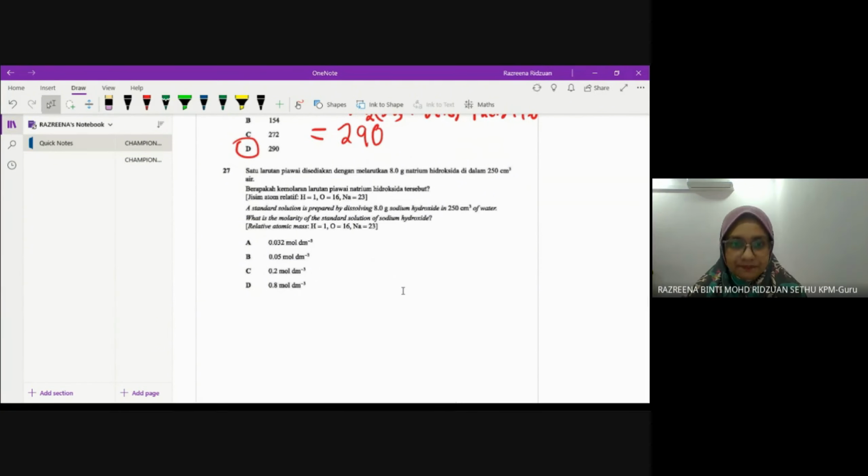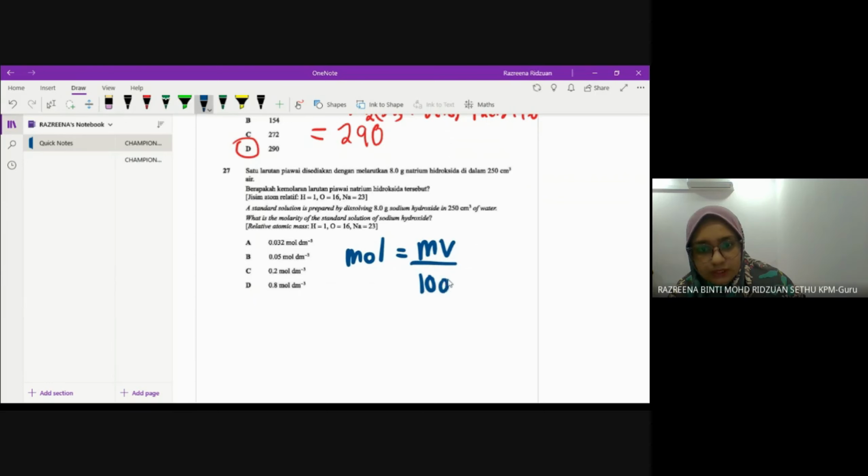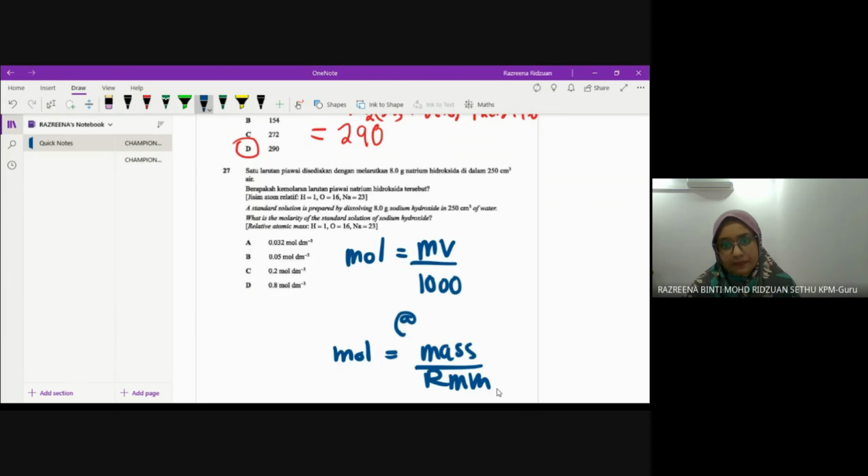Question 27. A standard solution is prepared by dissolving 8 grams of sodium hydroxide in 250 cm cube of water. What is the molarity? Before that, we need to find the mole. Mole is equal to MV over 1000, or mole is equal to mass over molar mass, RMM. Since we have the mass, the volume, and the RMM, we can find the mole first.